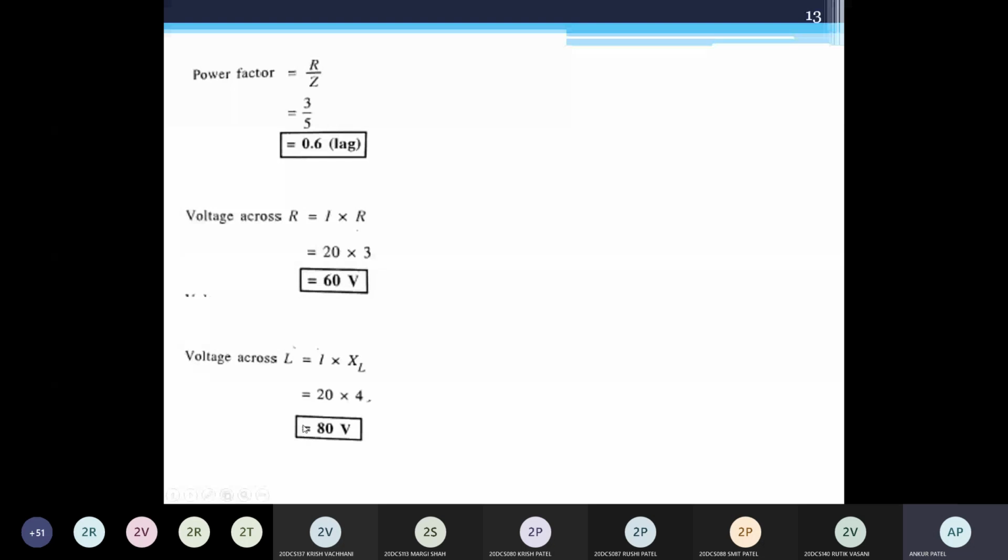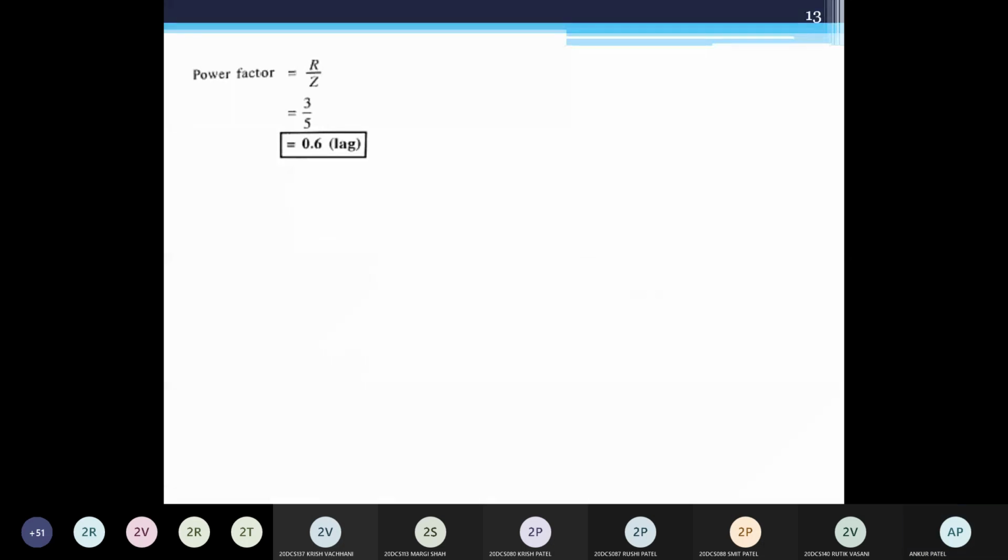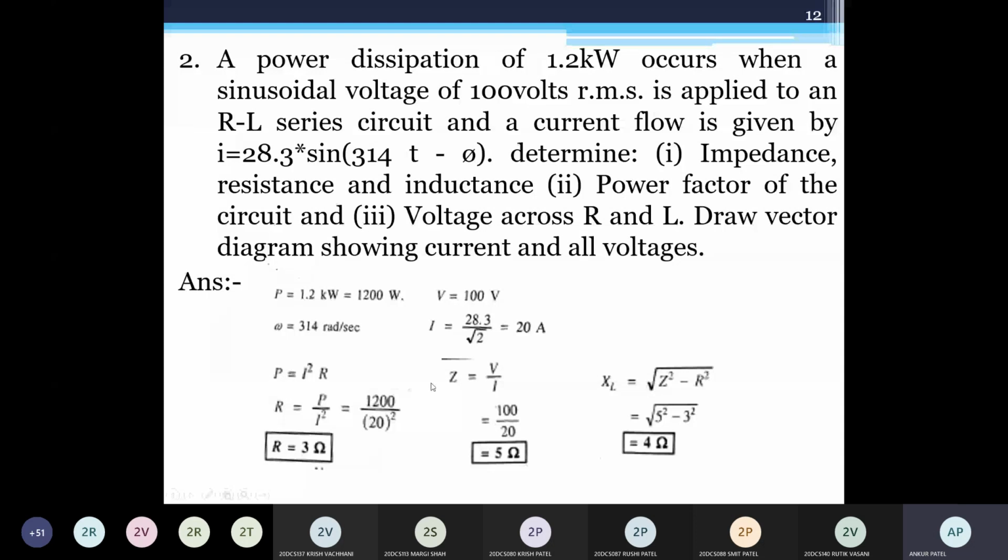L is not given. So what are you getting for L? Everyone, what are you getting? 12.7 millihenry, or 12.7 into 10 raised to minus 3 henry.